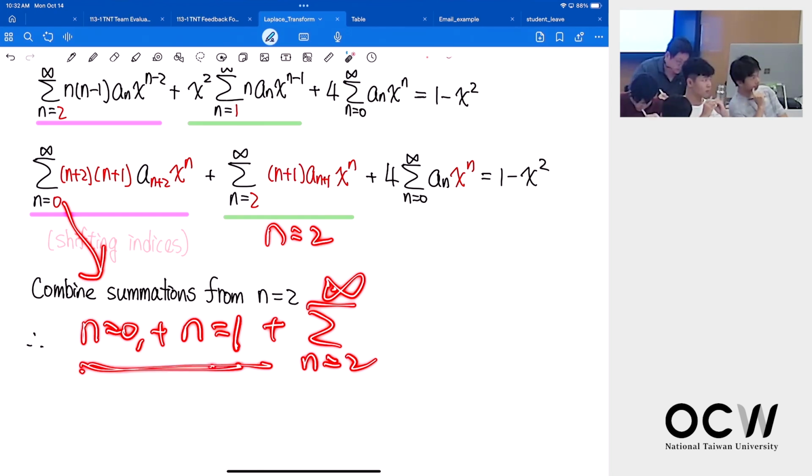So what is n equals 0? When n equals 0, I have 2 times a2 times x to the 0.